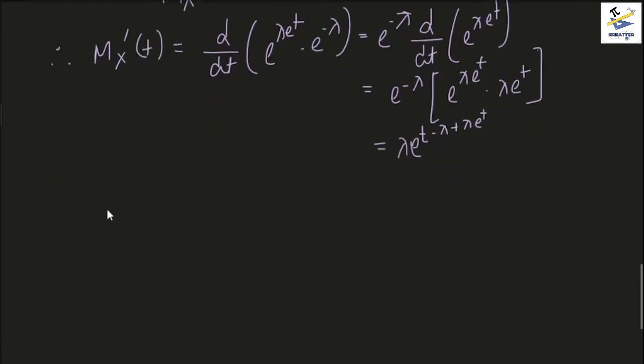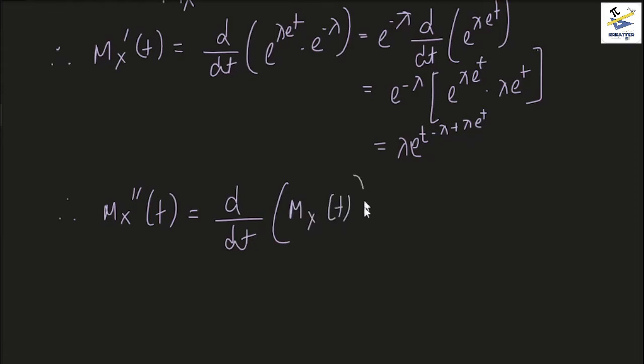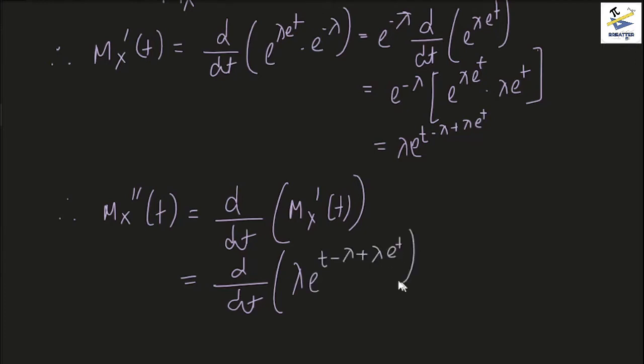The second derivative would be just the derivative of the first derivative, right? The first derivative is lambda e to the power (t minus lambda plus lambda e to the power t).